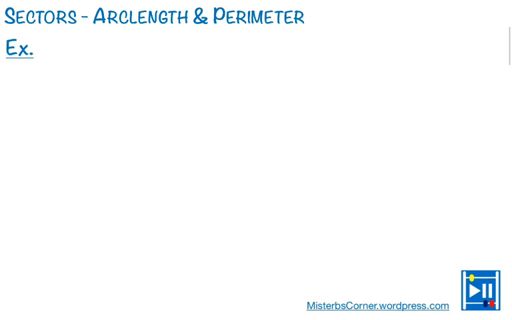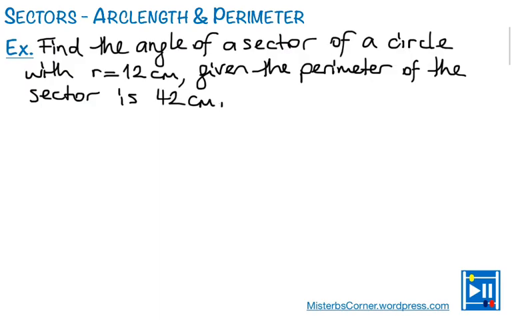Could the angle be asked given the perimeter? Well, yes. Look at this example. It says, find the angle of a sector of a circle with radius 12 centimeters, given the perimeter of the sector is 42 centimeters.